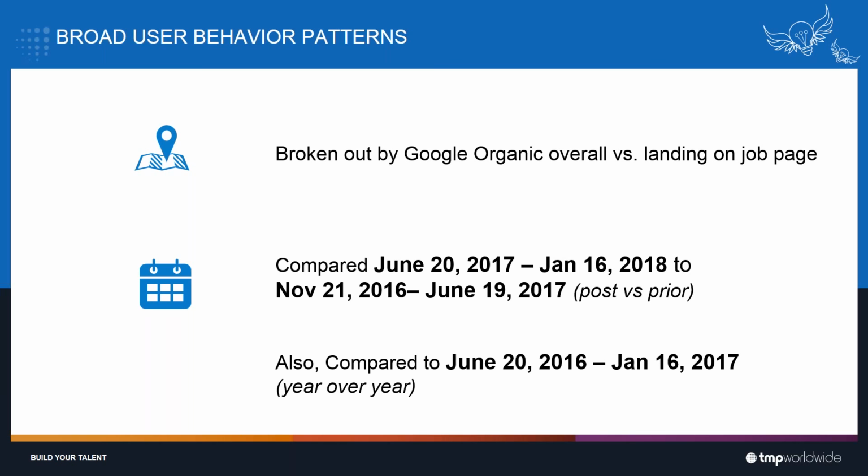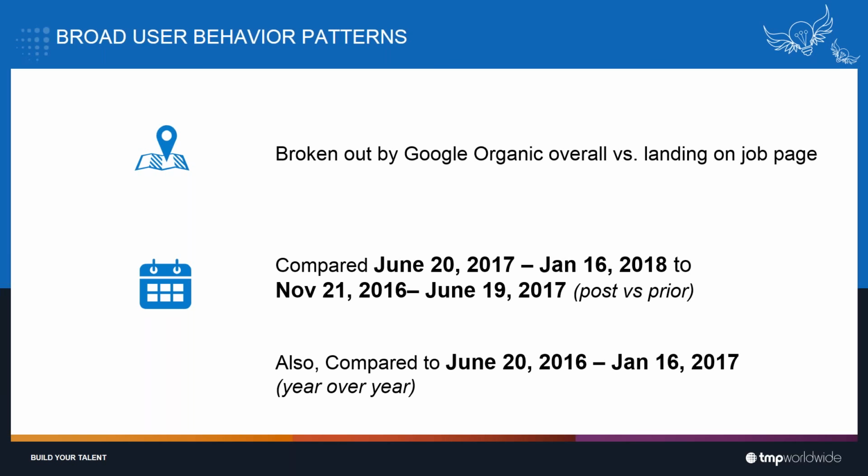That looks at a year-over-year comparison, which we prefer to do a lot of times, because it takes out natural seasonal job search volumes that exist throughout the year. But there are also company-specific job search volumes for, say, retail clients that have a bigger holiday push, or maybe a theme park outdoor client of ours that might have a big push in the spring and early summer, but lower in the winter months.